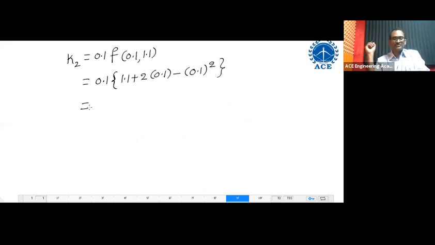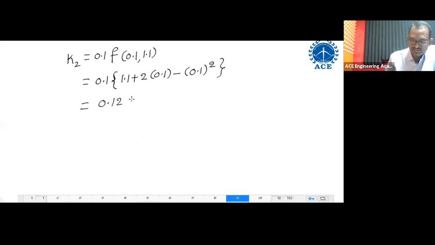Simplify this and let me know the value of K2. What is K2? 0.129. Good.